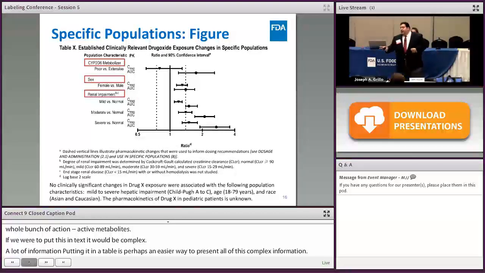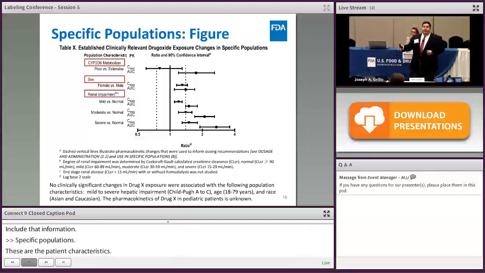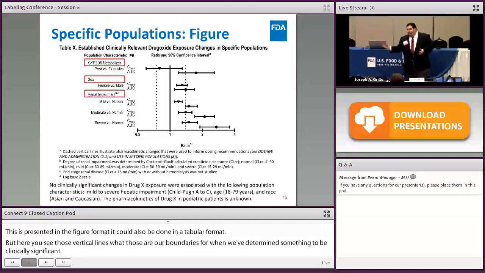Our specific populations, so again, these are the patient characteristics. This is presented in a figure format. It could also be done in a tabular format, which is the next slide I'm going to show you with a drug interaction example. But here you see those vertical lines. Those are boundaries for when we determine something to be clinically significant, where we're going to do something: avoid, change the dose, monitor more, do something.